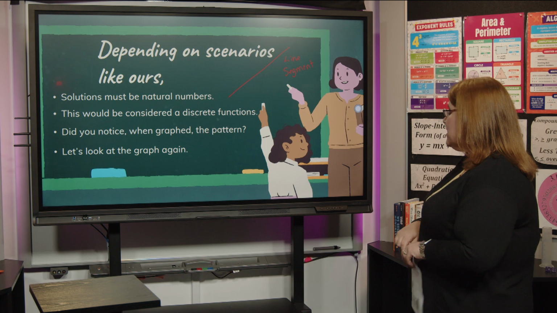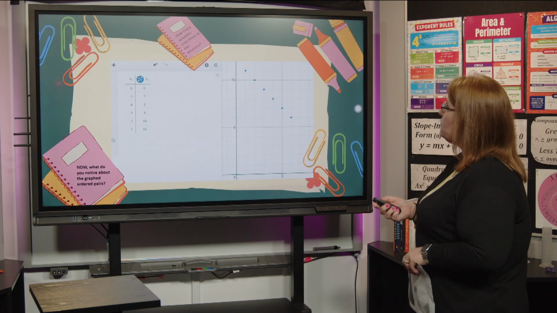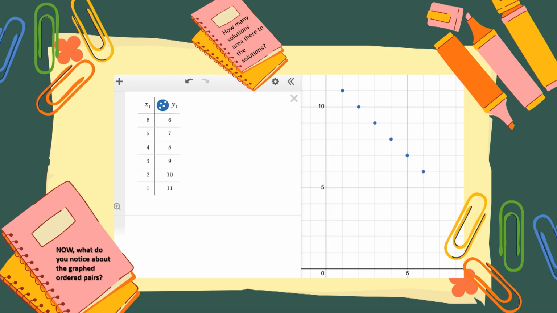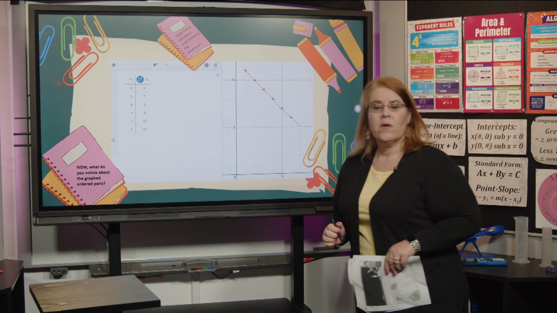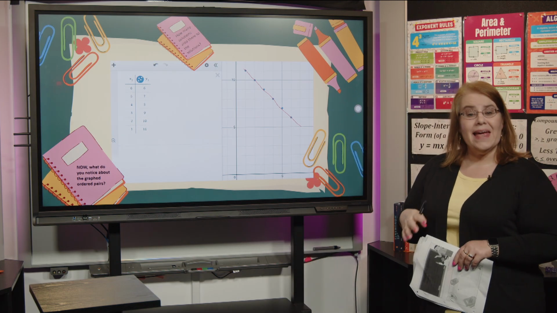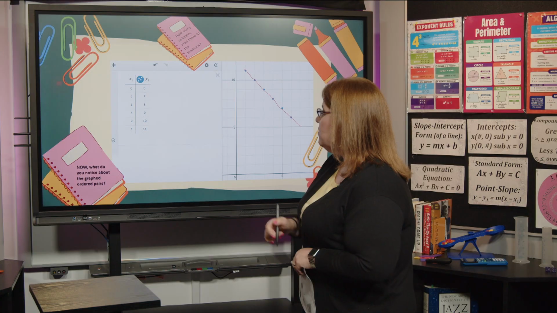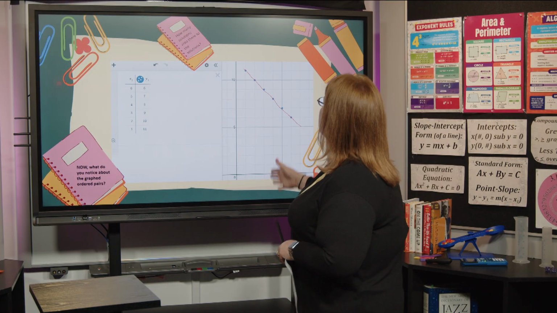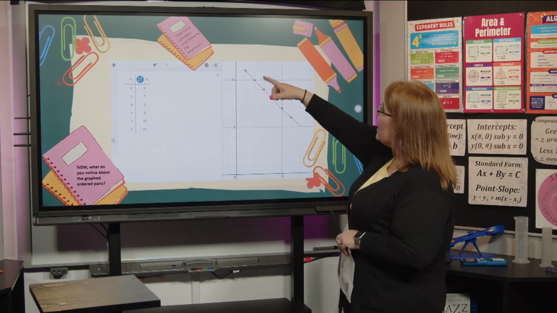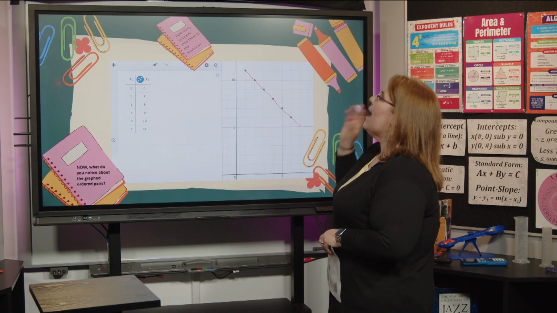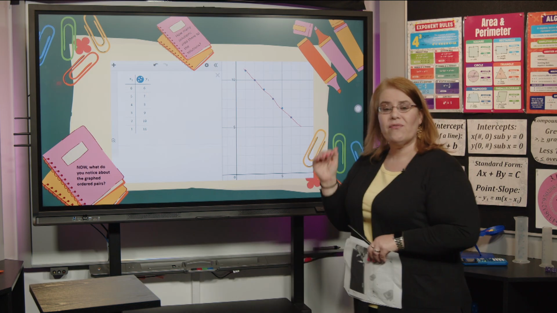All right, let's look at the graph again. Here it is, and we notice that it has to stop somewhere, because again, we cannot have a negative song. Now, what do you notice about the graph, the ordered pairs? We said it was a line segment. And how many solutions are there for this?